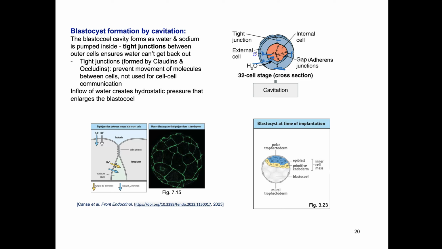And the water can't make its way out. It moves in through the cells because of the pumping of the salt, and then the water follows the salt, but it can't get out, and that's why the cavity is able to form and the fluid is able to fill up in there. And this just shows basically what I've said. You can have a look at that.